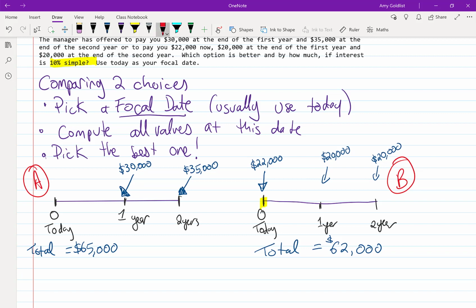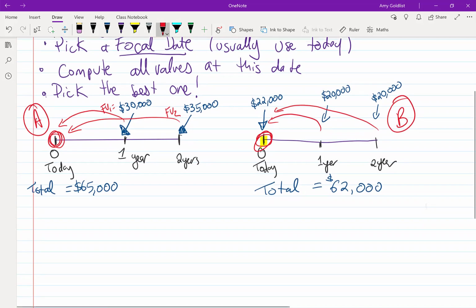So now I'm going to use some arrows to show that I'm going to move everything to the focal date. Circle the focal date, that's today, and I'm going to move this over. When we move something backwards, we are starting with a future value and we're ending with a present value. So what I'm going to do is find the present value of each of those payments and then add them together.